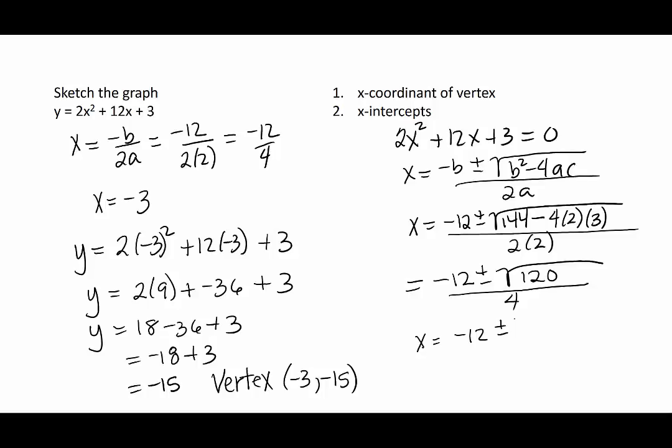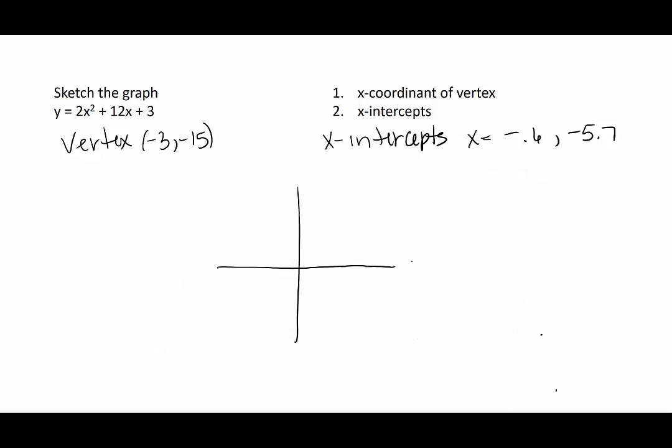Since we're trying to make a graph, we're actually going to get a decimal, and we're not going to simplify the square root. And -5.7. So I have x-intercepts -0.6 and -5.7, and a vertex at -3, -15. So there's a quick sketch.